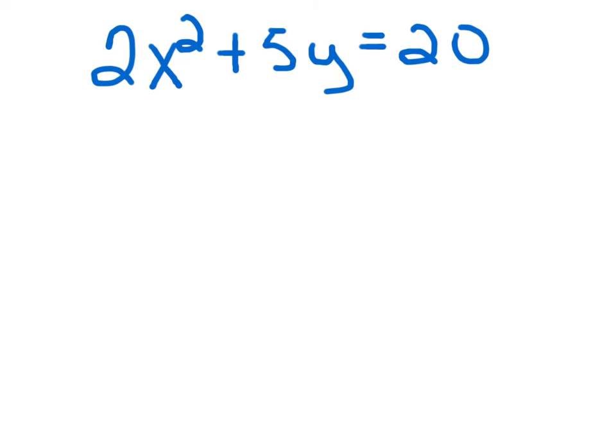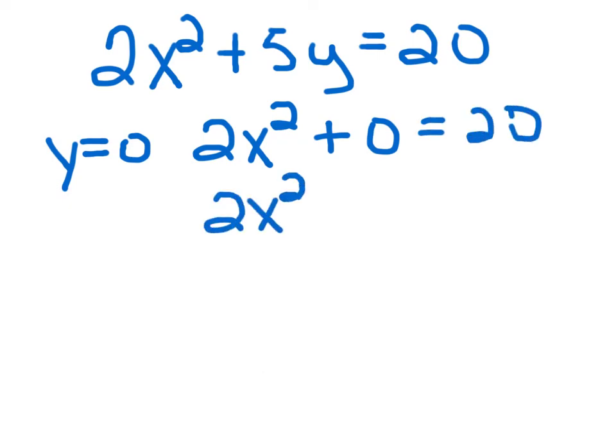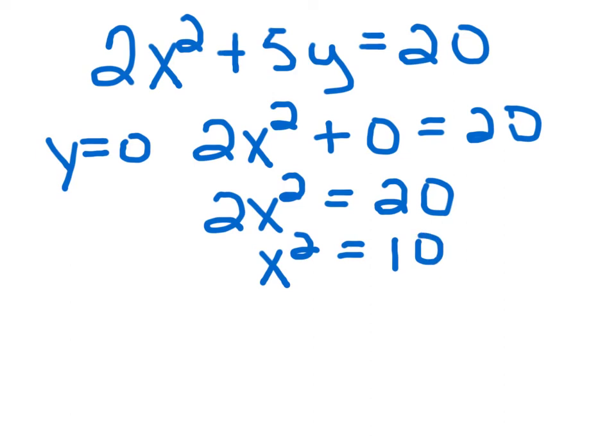To find the next intercept, you're going to plug in y equals 0. So you have 2x squared plus 5 times 0, so basically plus 0, equals 20. 2x squared equals 20. x squared equals 10.